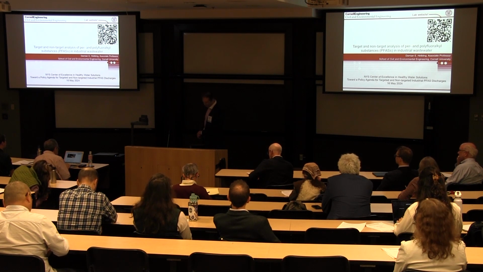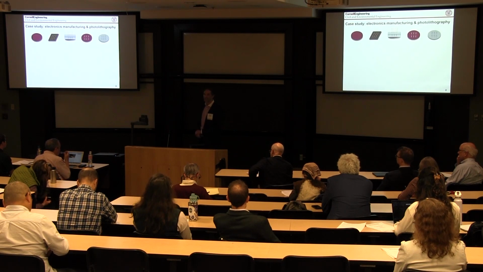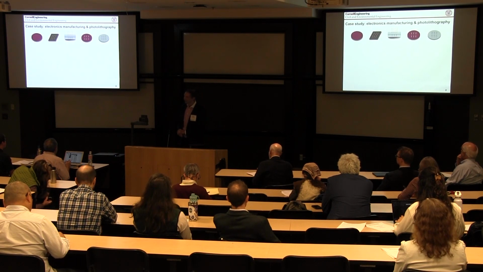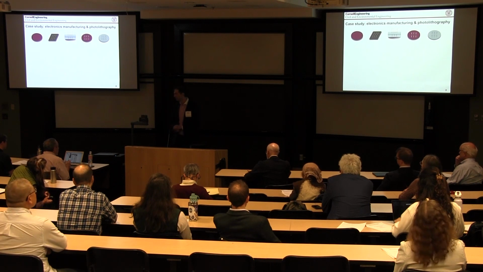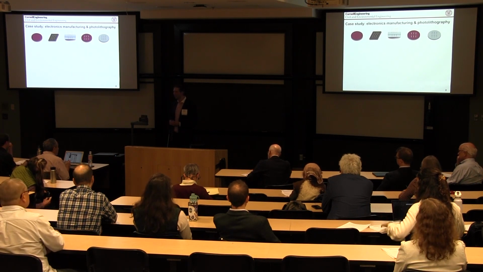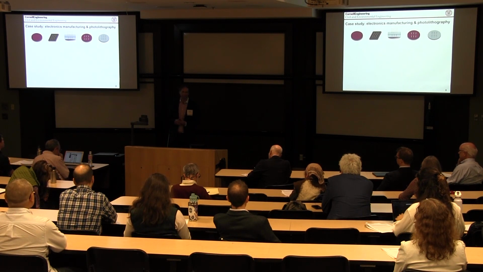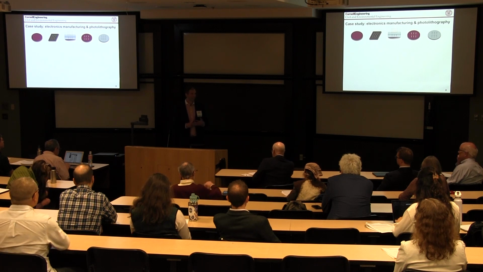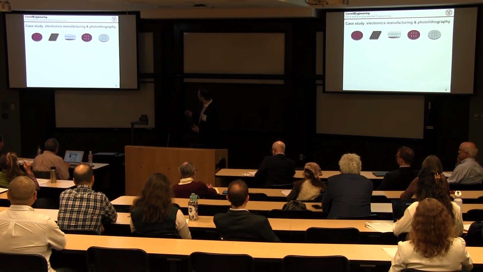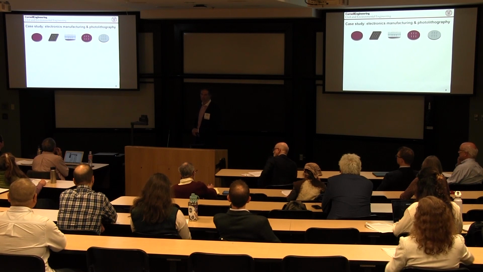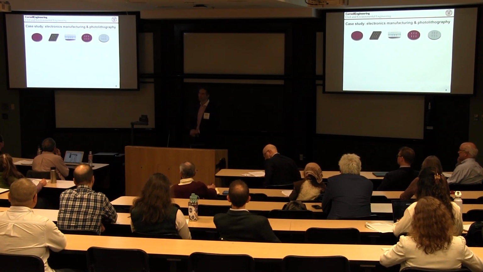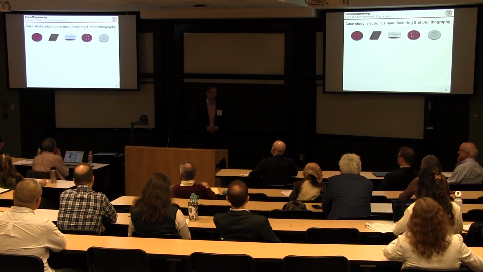So what I want to present to you today is a particular case study focusing on the electronics manufacturing industry. Electronics manufacturing facilities produce electronics products by means of nanofabrication and photolithography. The schematic here shows some of the major steps in photolithography.